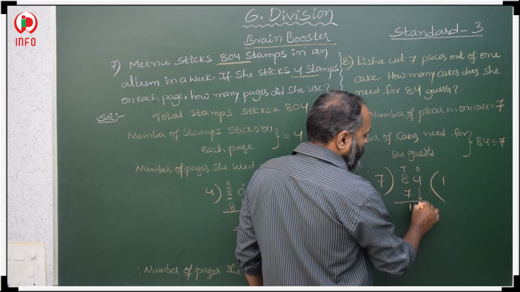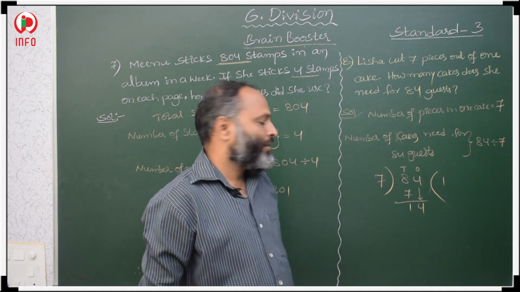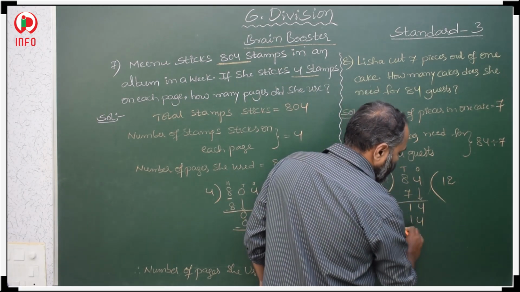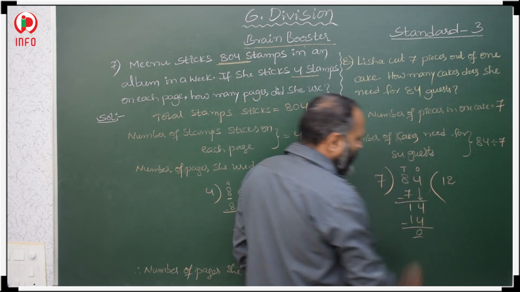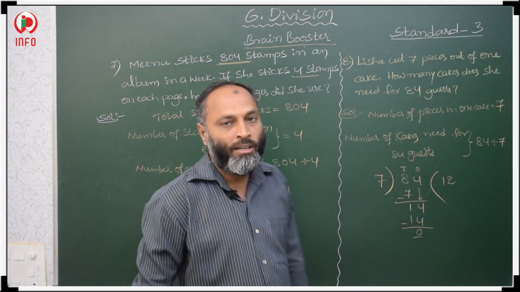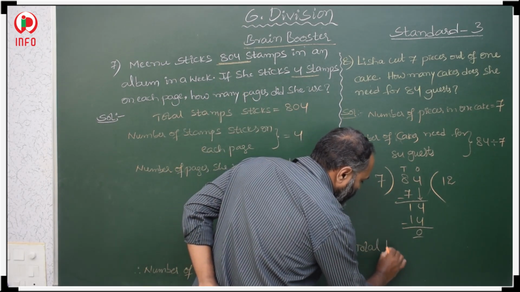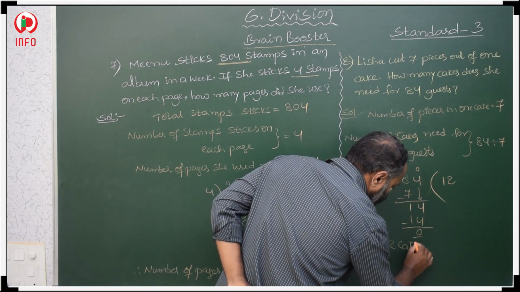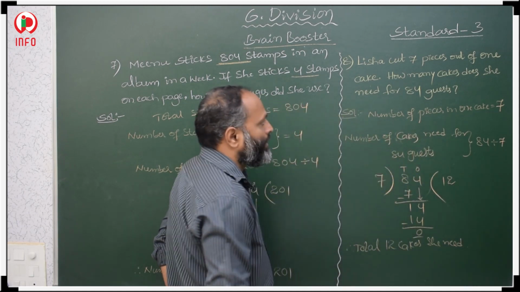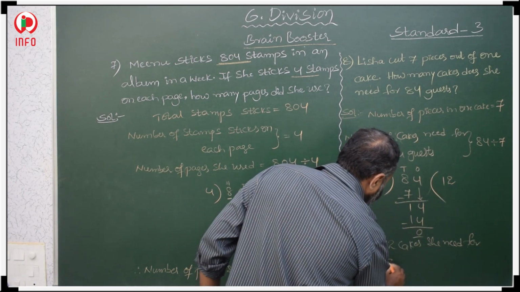Then next we copy the ones place. Now, when will you get 14 in 7? 7 twos are 14. Then 14 minus 14 is 0. Then how many cakes does she need? Total 12 cakes. Therefore, total 12 cakes she needs for 84 guests.